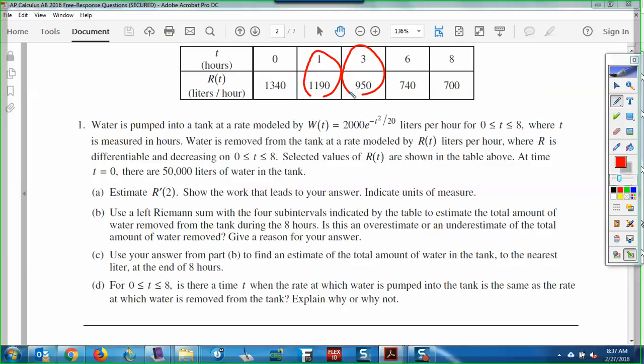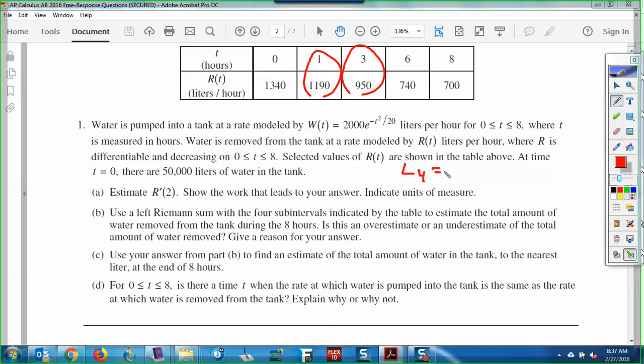But here's the one I want to talk about. Use a left Riemann sum with 4 subintervals indicated by the table to estimate the total amount of water removed from the tank during the 8 hours. Okay, so now think about this. Is that true? Is that what a Riemann sum would give you, the total amount of water? What are the units on R?